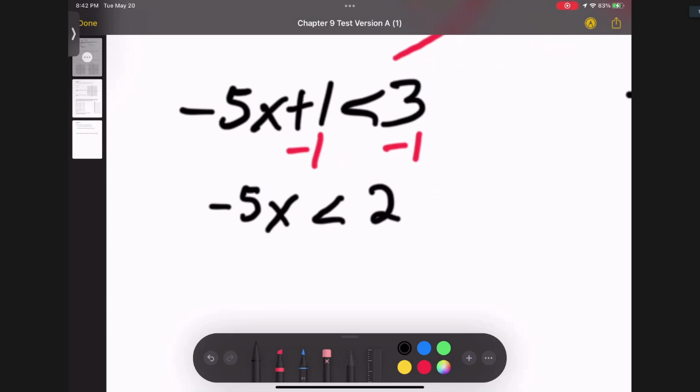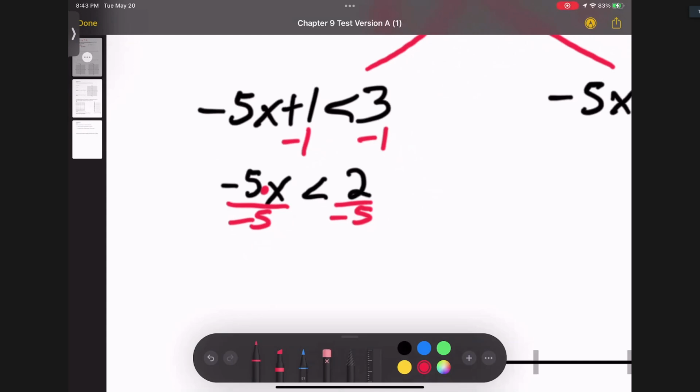Now, in order to get the x by itself, I need to do the opposite of multiplying by negative 5. When you say negative 5x, you're really saying negative 5 times x. So the opposite of multiplying by negative 5 is dividing by negative 5. Divide by negative 5.